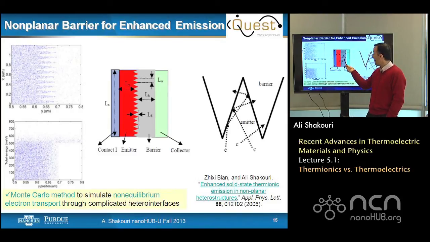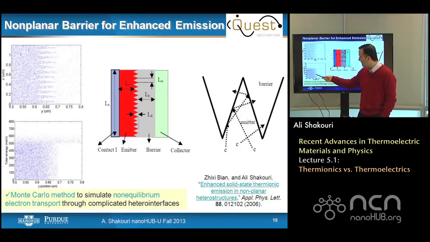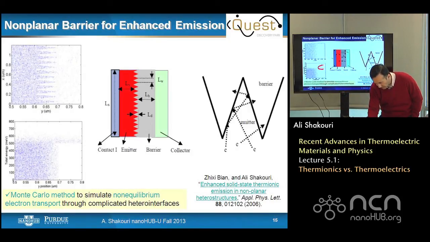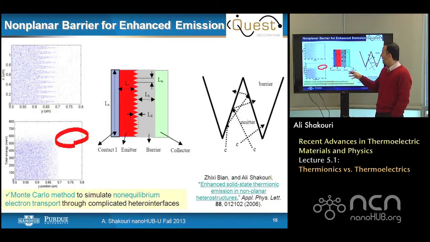We chose this barrier to have a specific height. Here is the energy versus distance as you move in this direction, and you can see lots of electrons, both low and high energies, in the emitter, but in the barrier you only have the hot electrons. So this is a way you can break this translational symmetry.